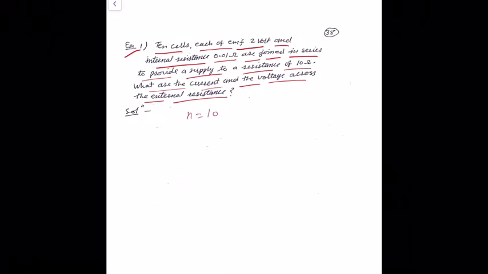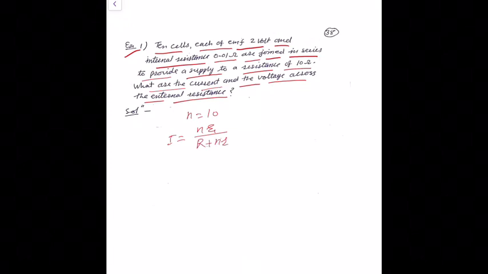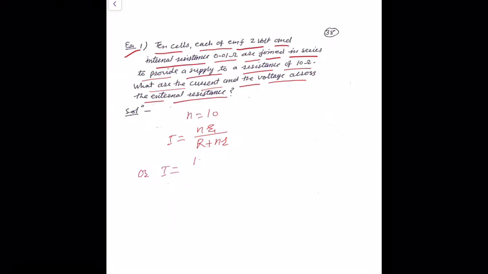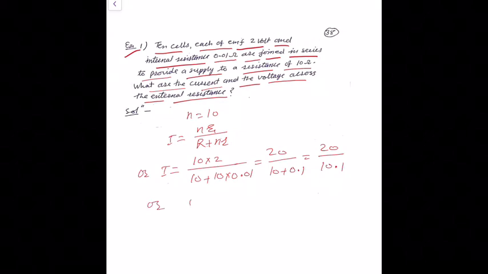Number of cells n = 10. Current drawn from the supply I = nE/(R + nr). Putting in the values, I = (10 × 2)/(10 + 10 × 0.01) = 20/(10 + 0.1) = 20/10.1, or I = 1.98 ampere.